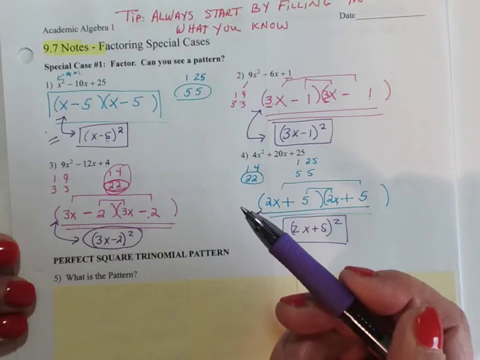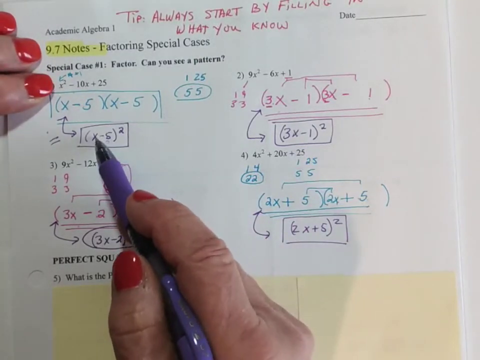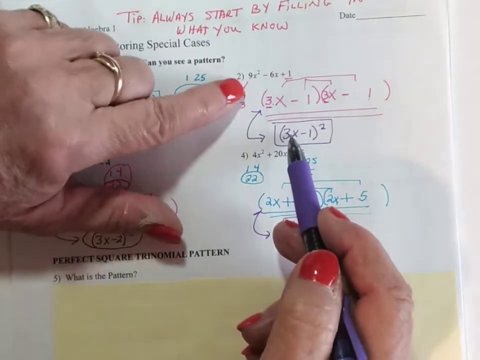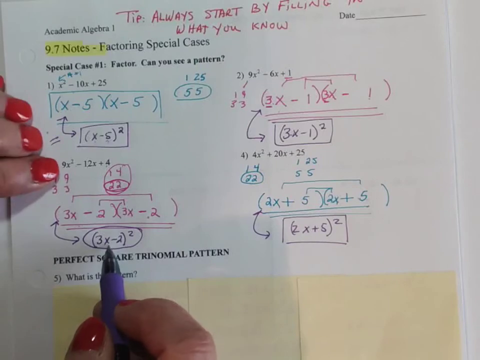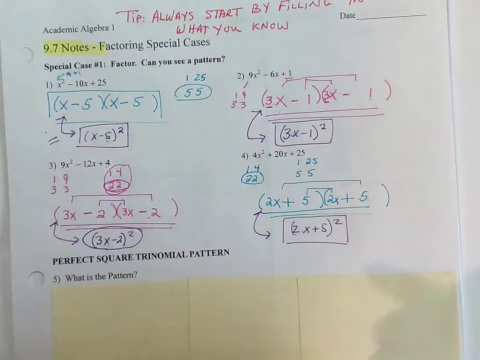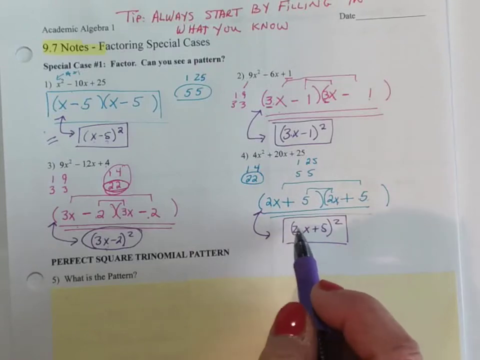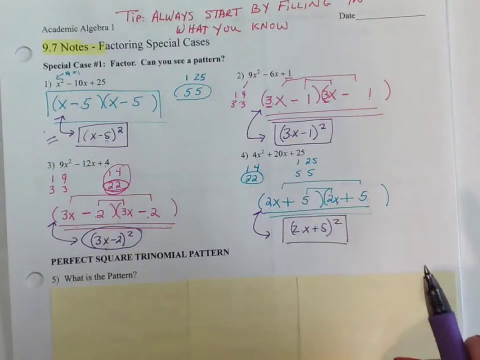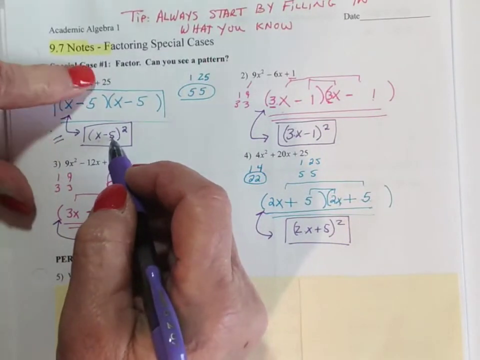So what do you notice is the pattern? Okay, for each of these, I have x and x squared, 3x and 9x squared, 3x and 9x squared, 2x and 4x squared. Well, that seems to always be, take that number and it's squared. What do I notice about the last terms?